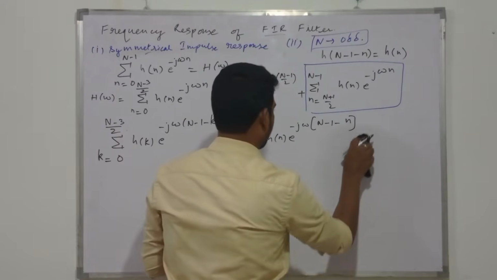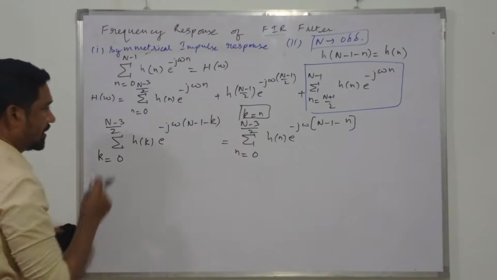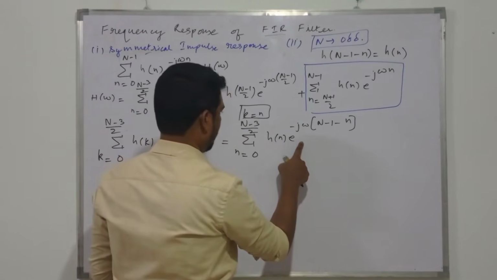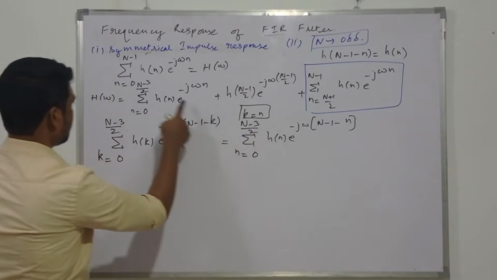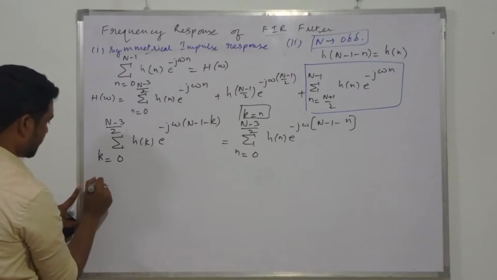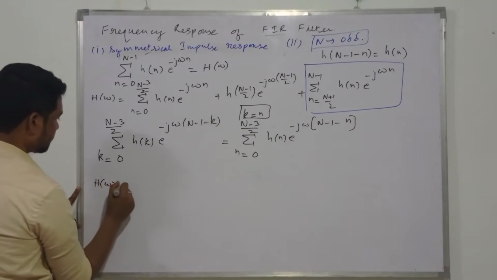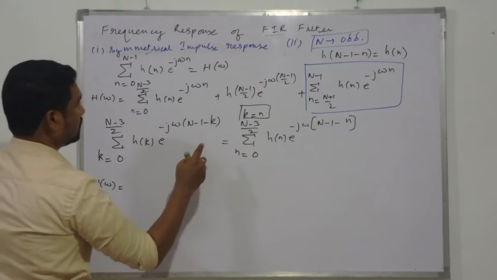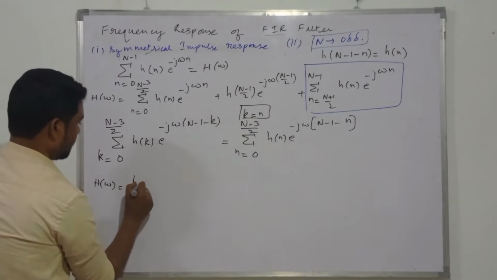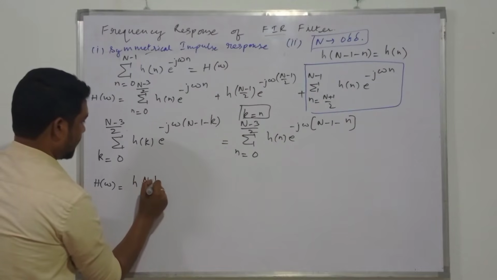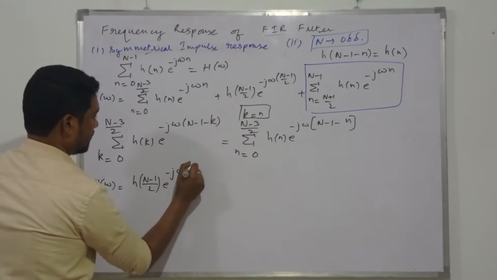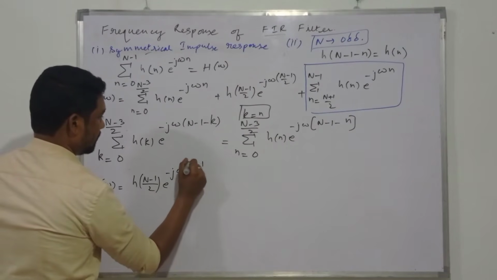Okay, so this is the transformation over here, right? Coming back to this h of omega, how is it? H of omega will be equal to, so this one, let's take it outside first, e raised to minus j omega (N-1)/2.